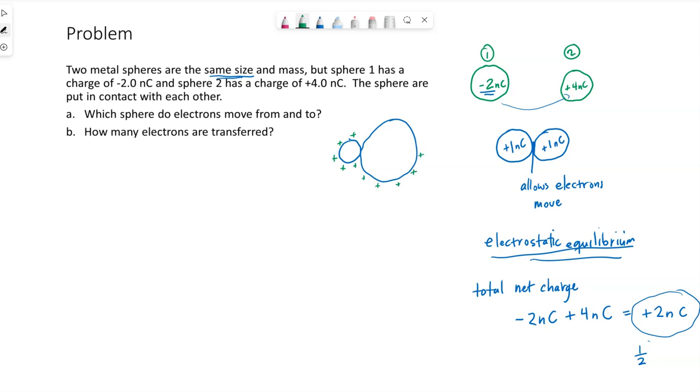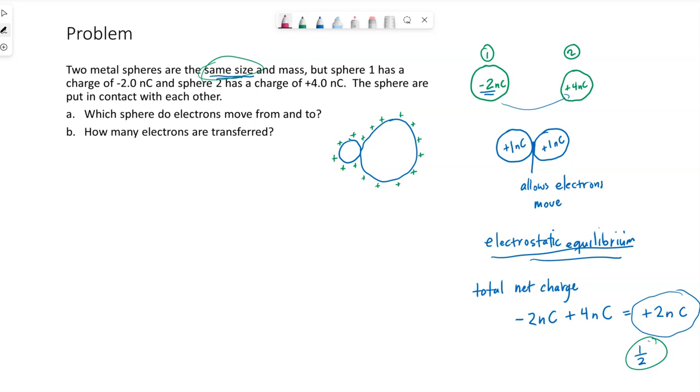We say they would have the same charge density. We call it specifically a surface charge density. So the charge per surface area would be the same. We'll talk more about that later. Right now, because the spheres have the same size, they both get half of whatever the overall net charge is.